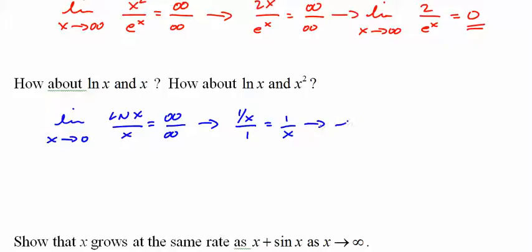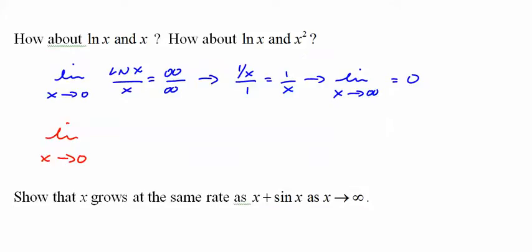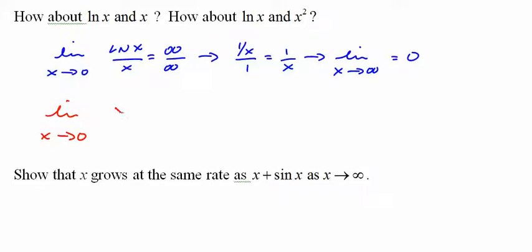And the limit as x approaches infinity equals 0, so x grows faster than natural log of x. Doing it again for x squared and natural log of x, and I've decided to keep natural log on top. Now I'll put it on the bottom. Let's see what happens.